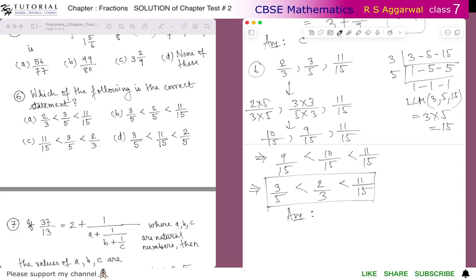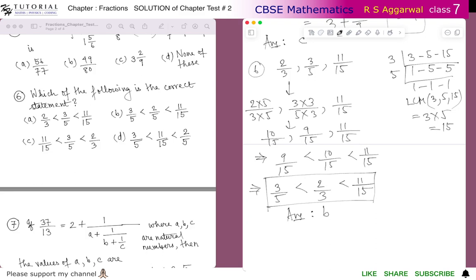Which of the following is the correct statement? I think the answer choice will be B.